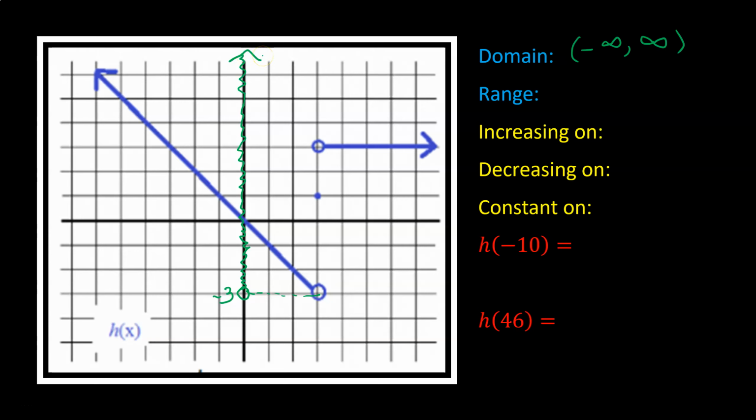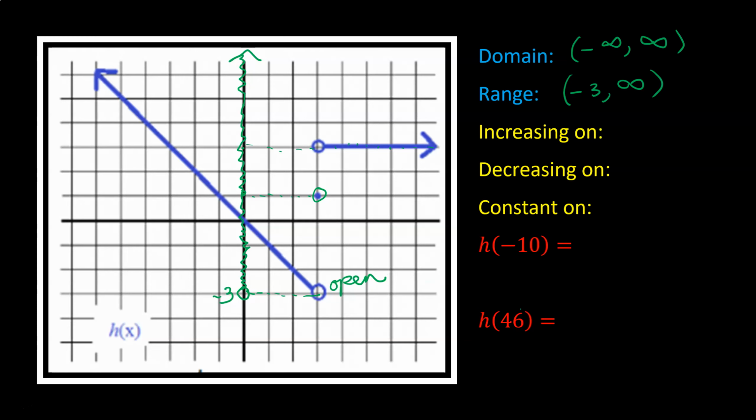The left piece already covers this part right here. This point is going to map onto here, which we already include. And all of these points here will map onto here, which we already include. So the range in this case would be from -3 to infinity, and open at -3 because this right here is an open dot.